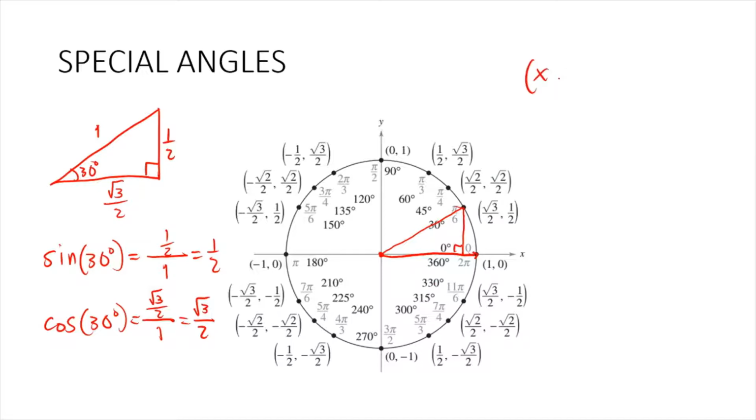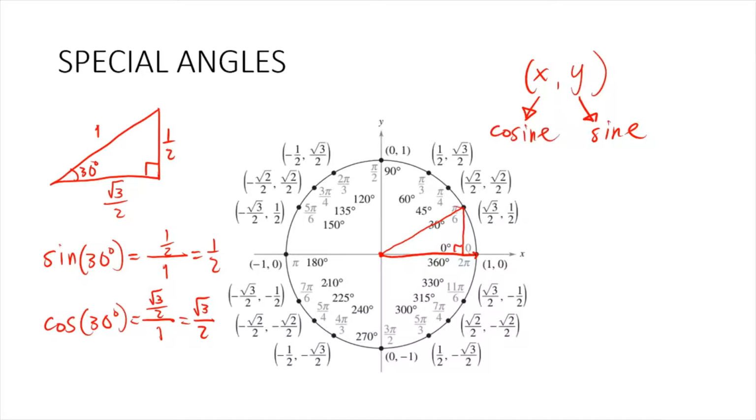Remember that the ordered pairs are written in the form (x, y). So we can summarize all the values of the sine function of the special angles as the y component of the ordered pair. And the value of the cosine of any special angle is the value of the x component of the ordered pair.